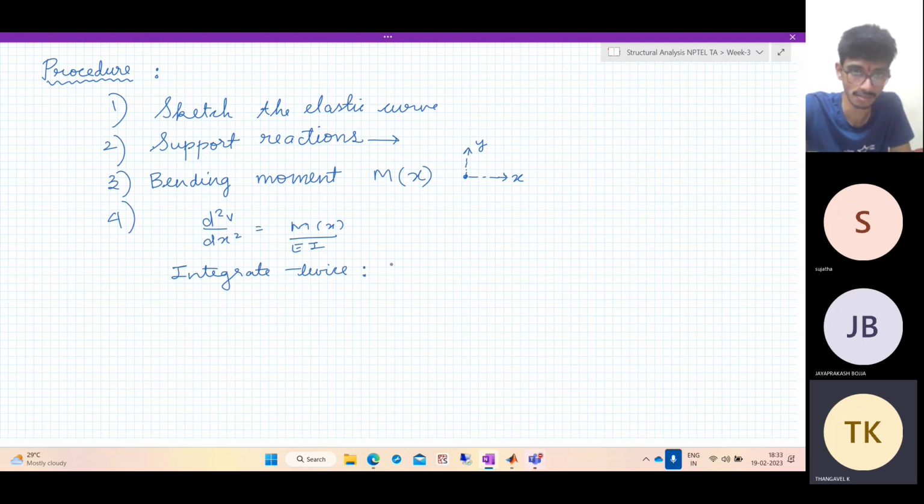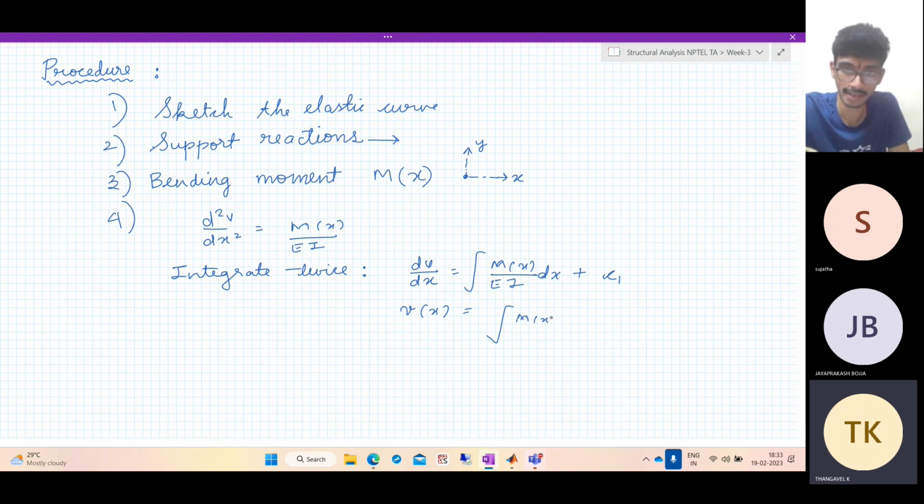You'll get dv by dx is equal to the indefinite integral of M of x by EI dx plus an unknown constant c1, and integrate it again. So v of x will be the integral of the entire thing, M of x dx by EI, integrated again with respect to x, plus c1 x plus c2.